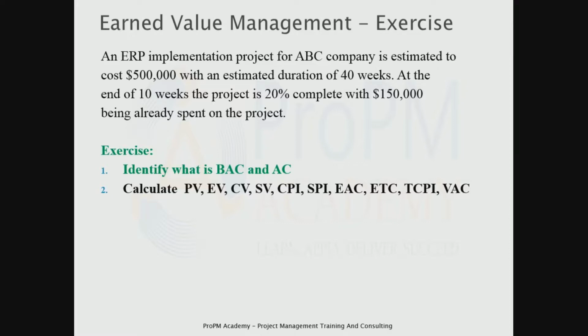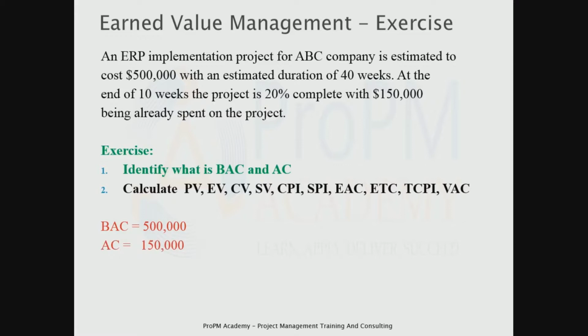So what is BAC here? BAC is already given for you, which is 500,000. And what is the actual cost? The actual cost spent at the end of the 10th week is $150,000. Correct? That is already given in the problem.